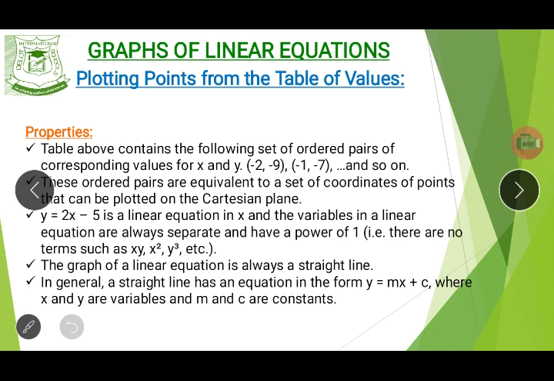That is, in a linear equation, those variables, those alphabets, will never be joined together, and they will not be raised to a power greater than 1. And you know that any number raised to power 1 is equal to the same number. If you do GSS 3 raised to power 1, it equals GSS 3. Uncountable raised to power 1 is still uncountable, okay?